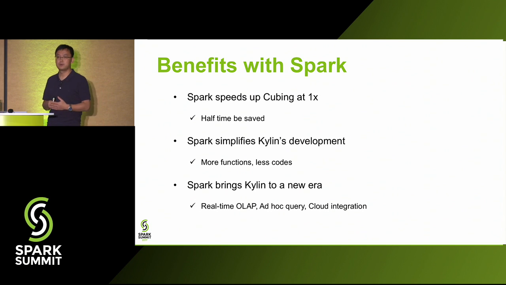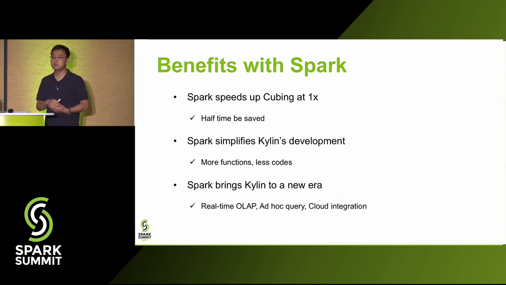And Spark has a very active community and a very good ecosystem. By integrating with Apache Spark, we can support more scenarios and more environments. For example, we can move the streaming cubing to Spark Streaming to support real-time OLAP.